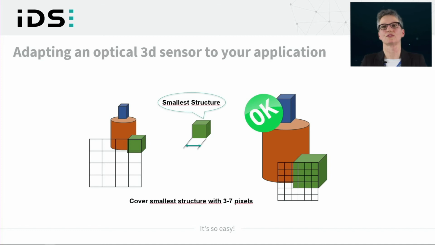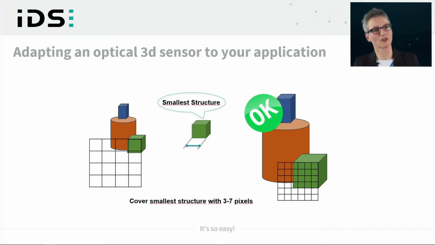So if you want to have a structure on your object to be visible or to be measurable in your point cloud, be sure to have at least 3 to 7 pixels covering this structure to be able to find it in the point cloud.